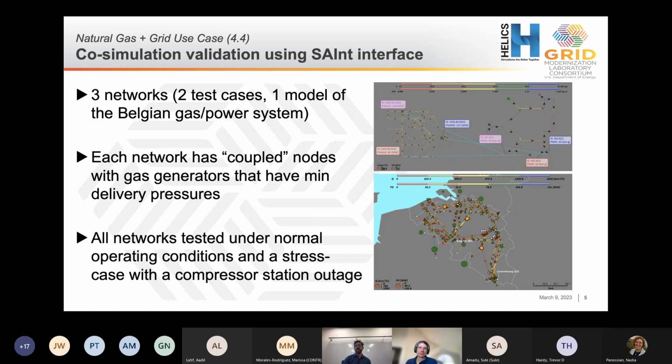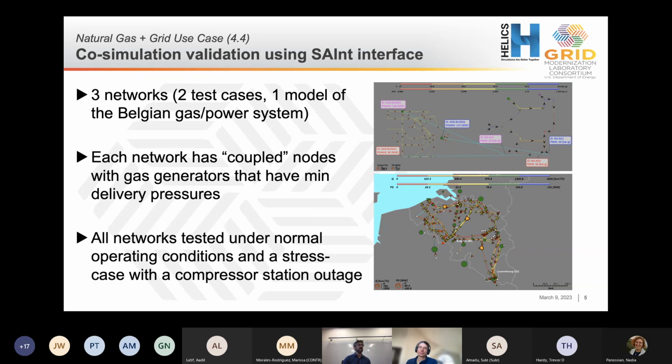The Belgian case took a little bit longer to solve, but it was still, I would say, minutes. We were only running a day of simulation here, so I think there is a question if you want to simulate a whole year of operations, and that might get more interesting.